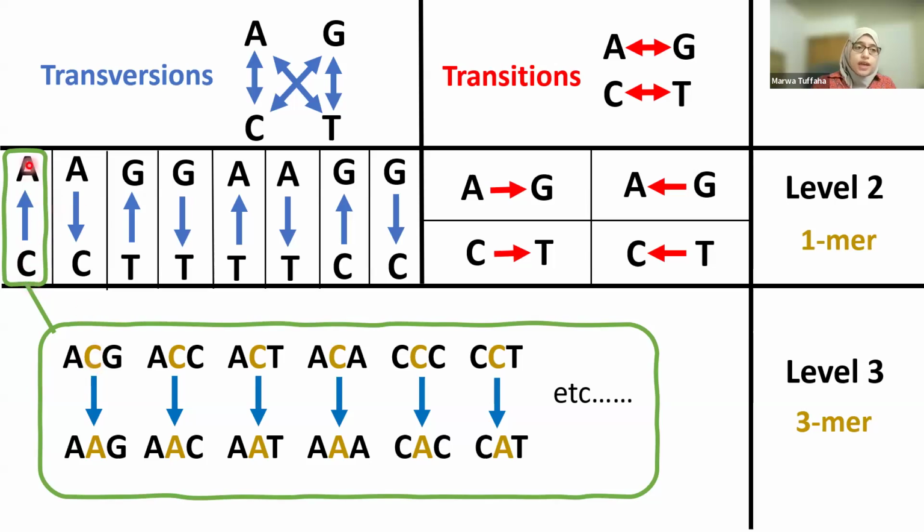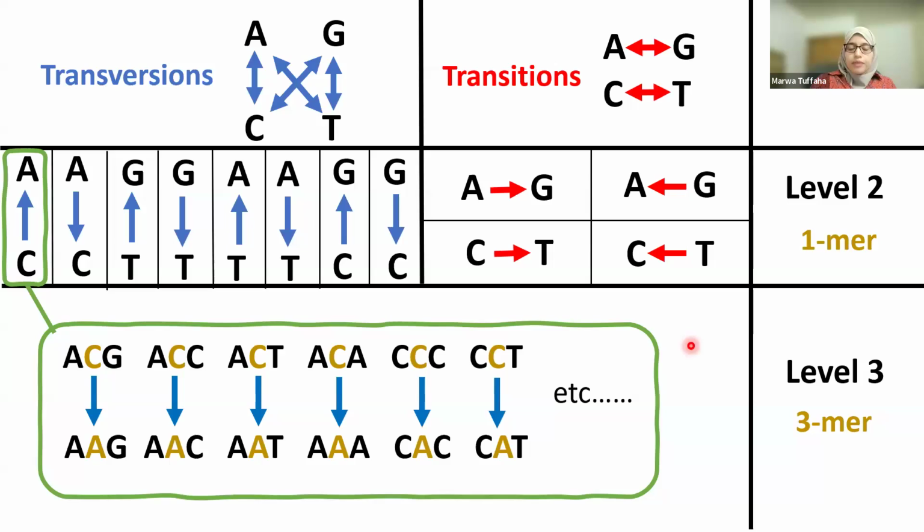So for instance, a C to A mutation at this level would be different if the C comes between an A and a G, compared to when it comes between an A and a C, and so on. These are different types of mutations when you consider the context. You can consider bigger contexts, but these are the 3 levels that I worked on in this project. They were enough to find the results.